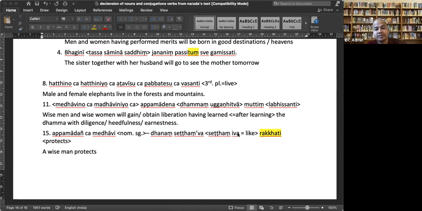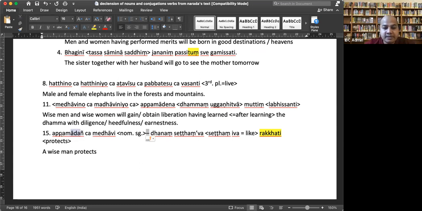So this is a simile, an example or metaphor given here, of how somebody protects something. Appamadancha medhavi rakhati.